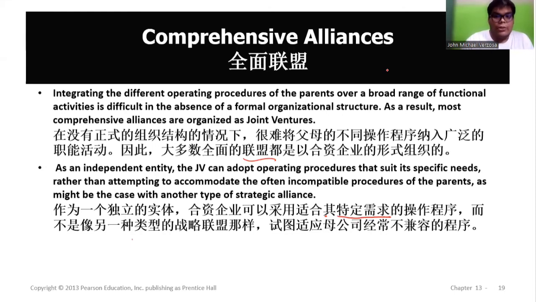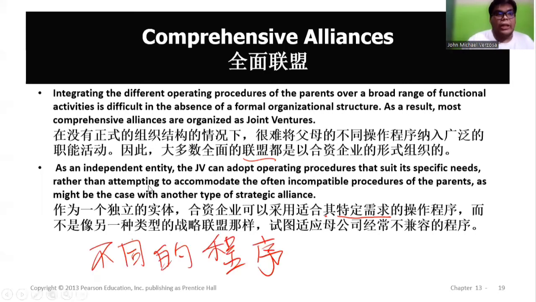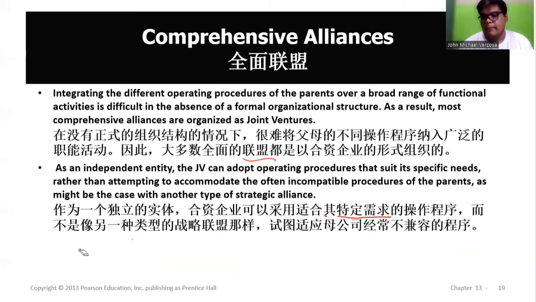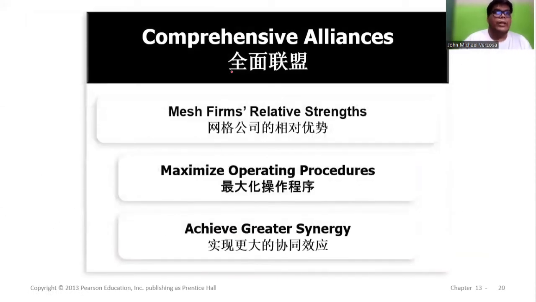So they will be using a different procedure. Okay, so they are going to use a different procedure for this type of strategic alliance. So for comprehensive alliances, what it does is that it meshes the firms' relative strengths.